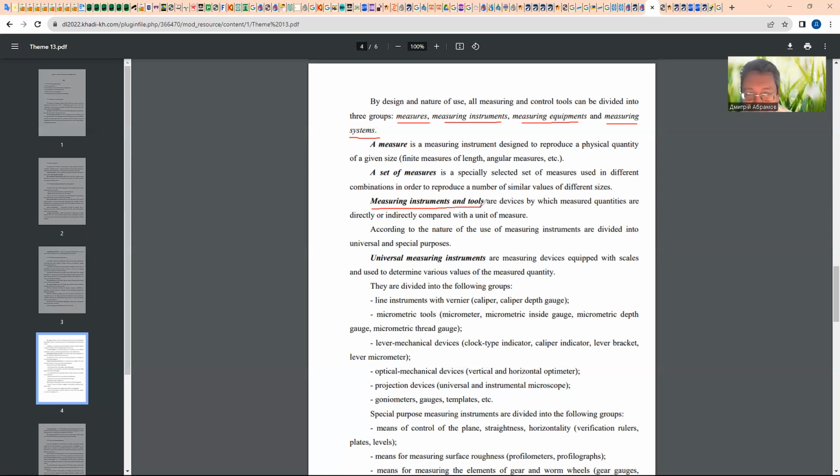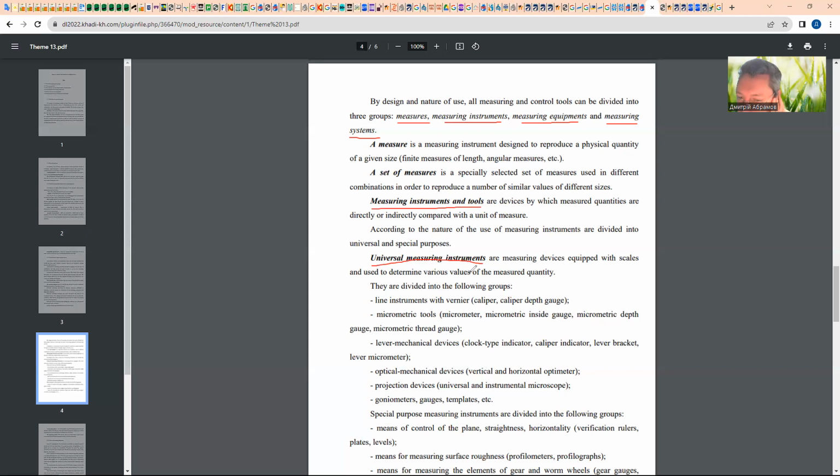According to the nature of use, measuring instruments are divided into universal and special. Universal measuring instruments are measuring devices equipped with scales and used to determine various values of the measured quantity.